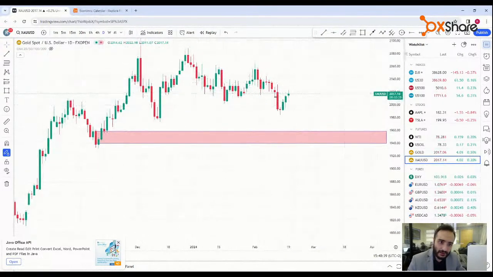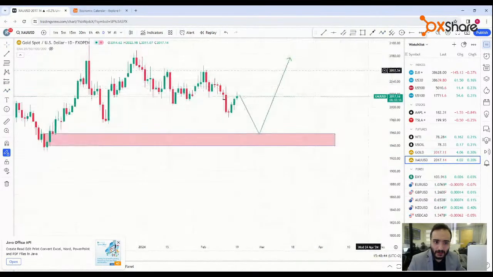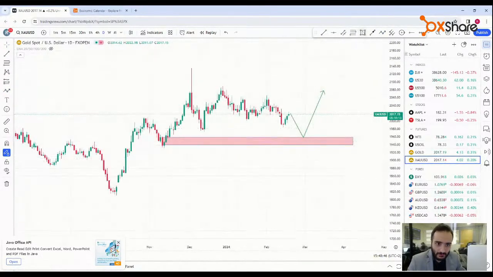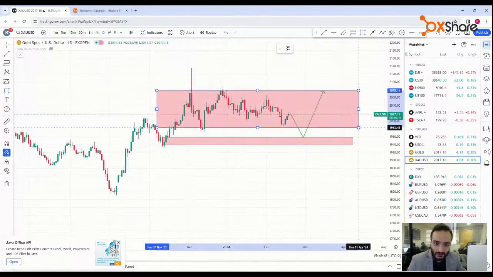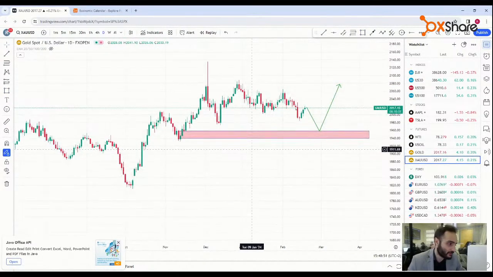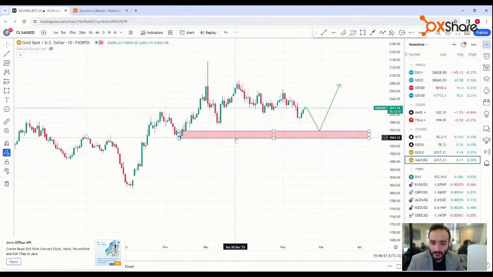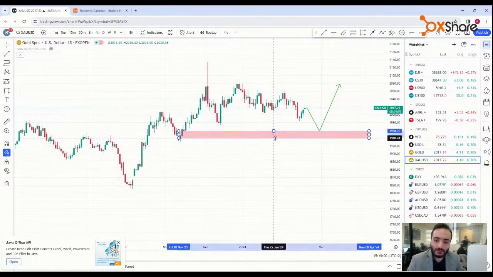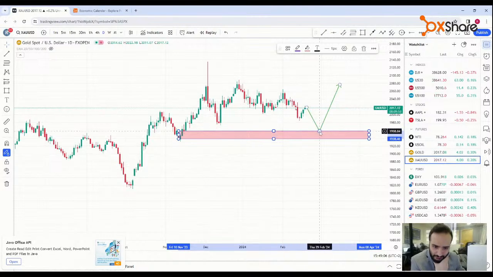So we may expect a move to the downside over here and then push back. And I think we're going to be trapped in this range for a bit of time. Of course, as geopolitical events unravel, and we can see maybe a peace treaty going on in the war on Gaza, we may expect a bit of correction, tapping into these levels.